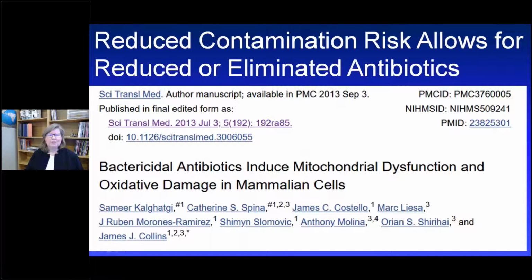Now, the reduced risk of contamination in the Xvivo system also allows for reduced or eliminated antibiotic usage, because as we know, mammalian mitochondria are evolutionarily related to bacteria.